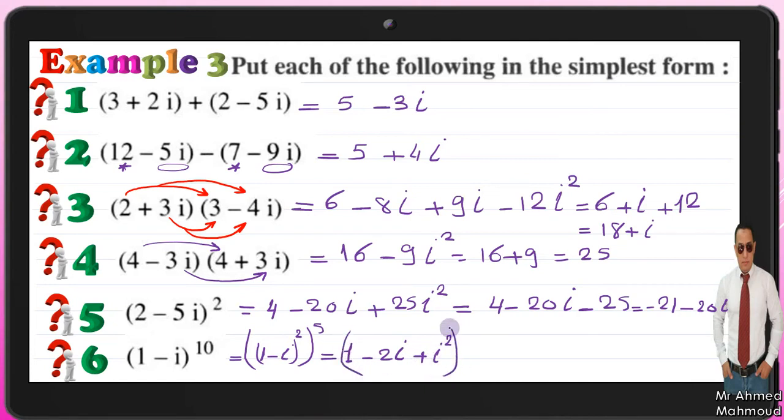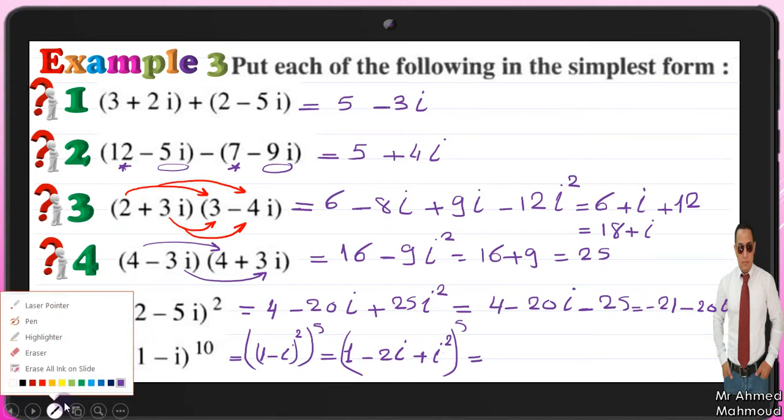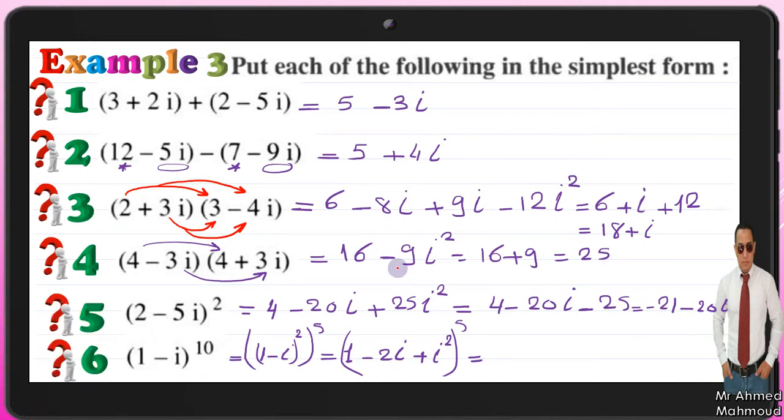Here i to the power of 2 equals negative 1. 1 and negative 1 equals 0. So I will cancel i to the power of 2 with 1, because i to the power of 2 equals negative 1. Negative 1 plus 1 equals 0. Okay, and then I will continue the solution. It will be (negative 2i) to the power of 5.